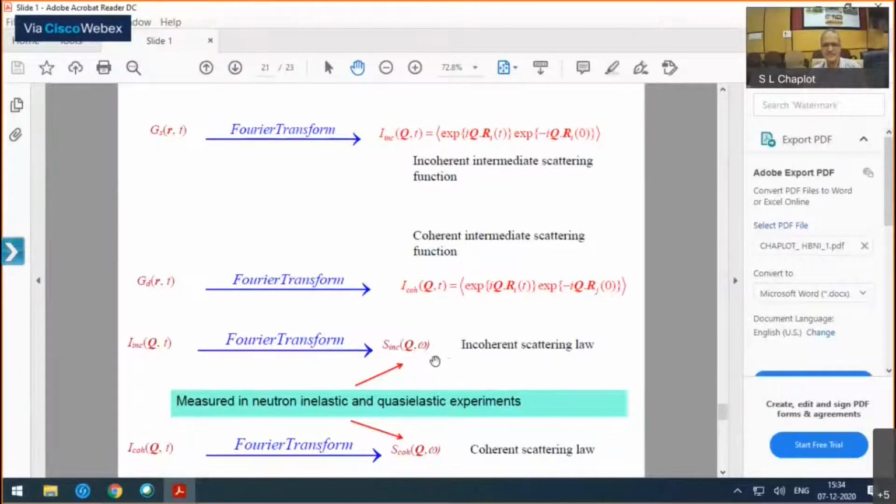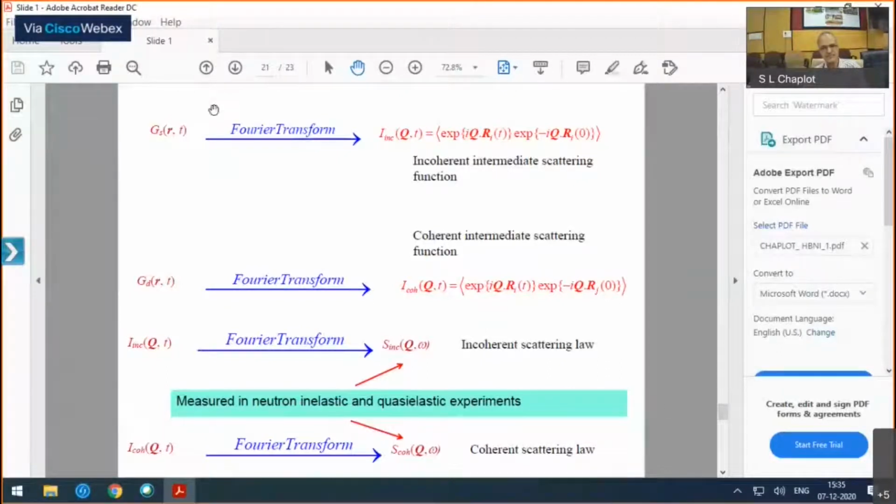Similarly, if we take a Fourier transform of the distinct space-time correlation function, which gives the coherent intermediate scattering function, then the Fourier transform of that quantity gives the coherent scattering law. As I said, both of these functions have relevance in both neutron inelastic as well as quasi-elastic scattering.